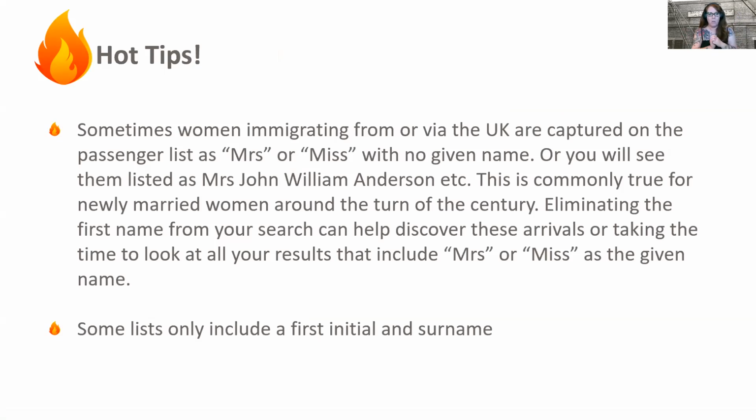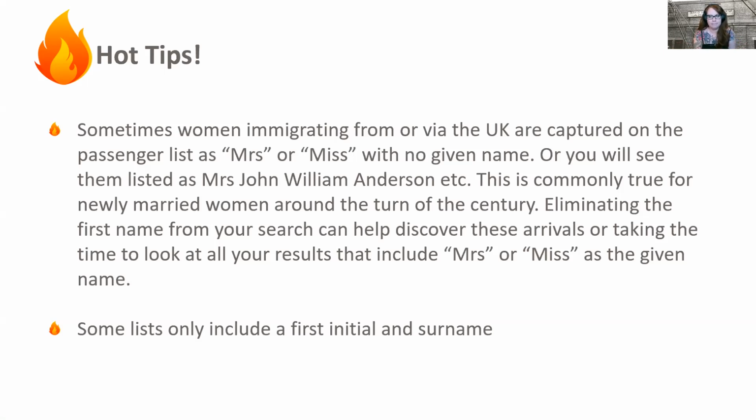Sometimes women immigrating from or via the UK are captured on a passenger list just as Miss or Mrs. and no given name at all. Often you'll see them as Mrs. John William Anderson. It's commonly true for newlyweds, mostly around the turn of the century.